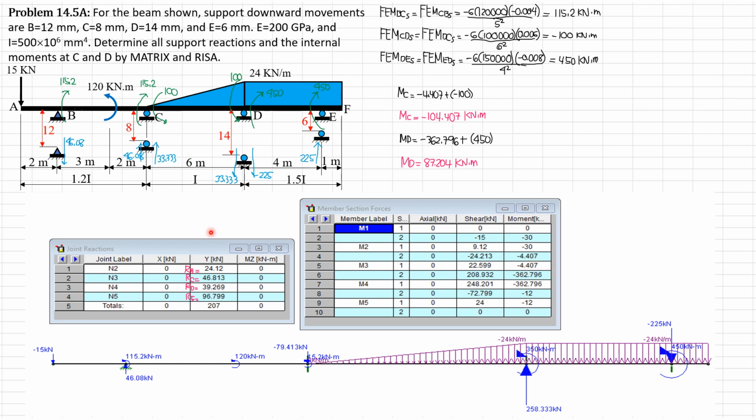So moment at C is negative 4.407, the result of RISA here. Then we have to add the fixed end moment, which in this case is negative 100, because this is counterclockwise. So negative 4.407 plus negative 100 is negative 104.407 kilonewton meter, as compared to the result by the previous classical methods, negative 104.406 kilonewton meter.